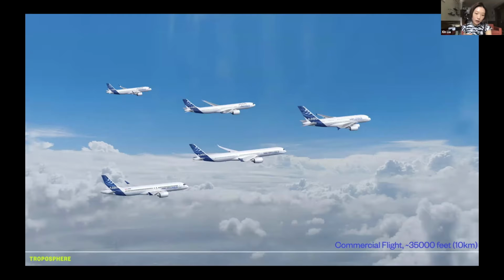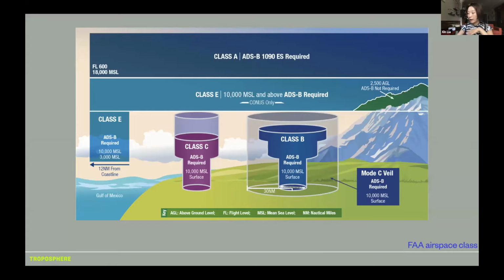This area of the troposphere is essentially the most regulated space. Here's an example in the United States, where we can see that there are different classes of airspace, and New York City falls under Class B airspace, the third one in the image, because of JFK and LaGuardia airports.